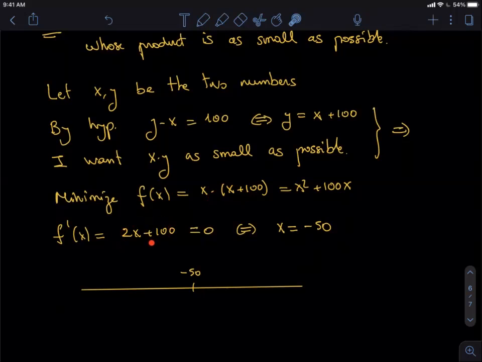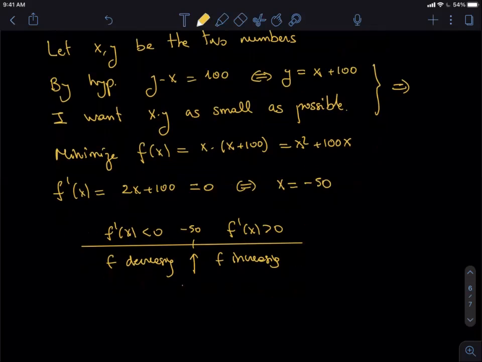So 2x plus 100, if I'm on the left of negative 50, 2x is going to be, at best, negative 100, but it could be smaller than that. So this f prime is going to be negative, and on the right it is going to be positive. So f is decreasing, then f is increasing. And that means that negative 50 is a local minimum.